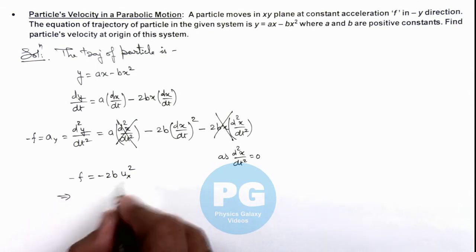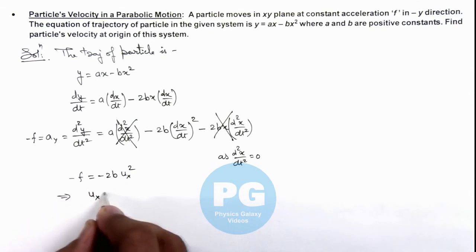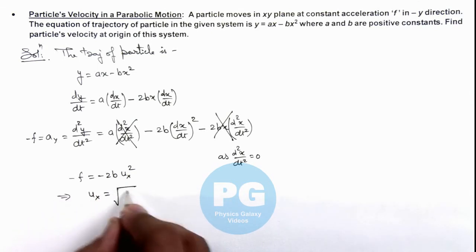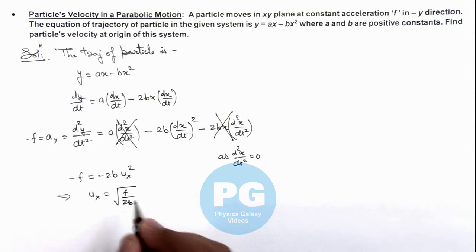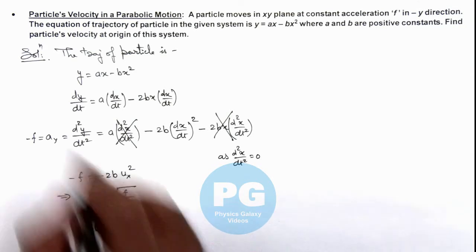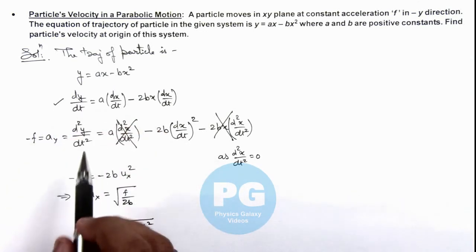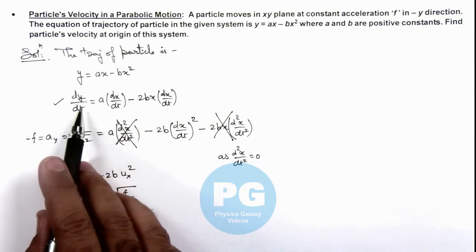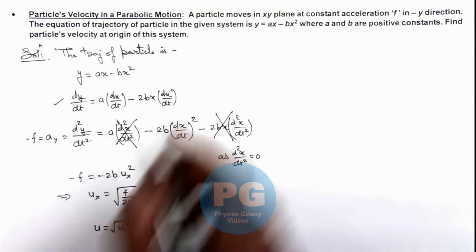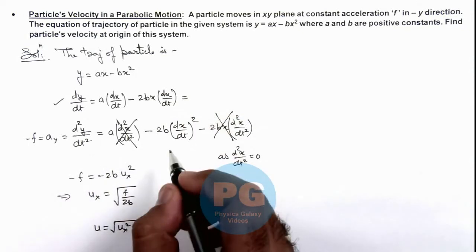So here we are getting the value of the speed of the particle in the x direction, which is root of f/2b. And we are required to find the initial speed of the particle, which is root of ux² + uy². From this expression, you can directly calculate the value of the particle's velocity in the y direction at t = 0, which you can see what we are getting here.